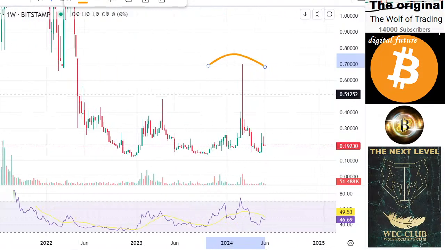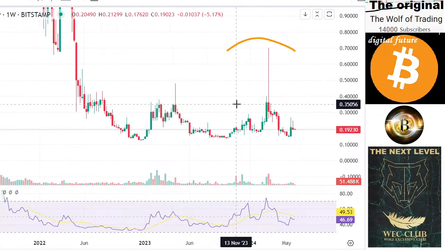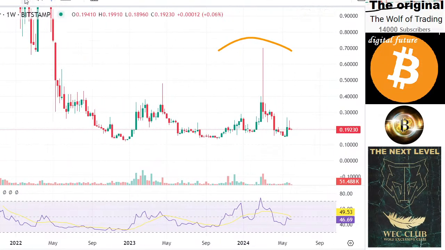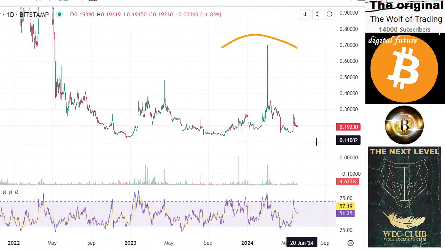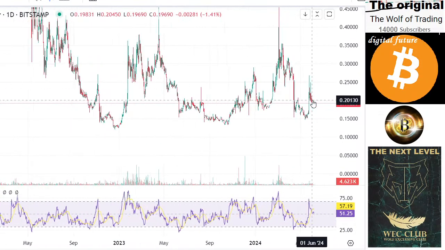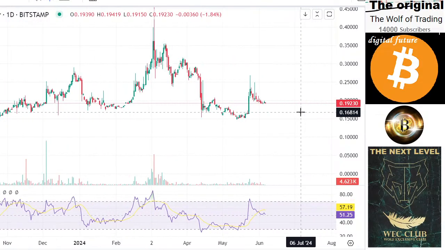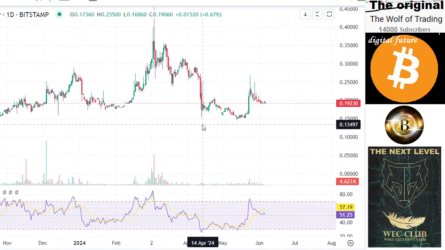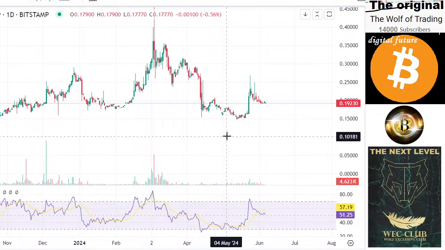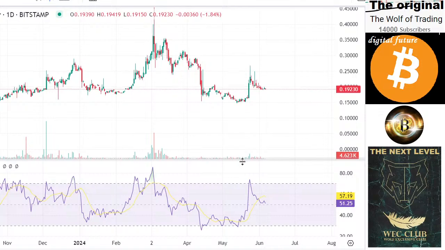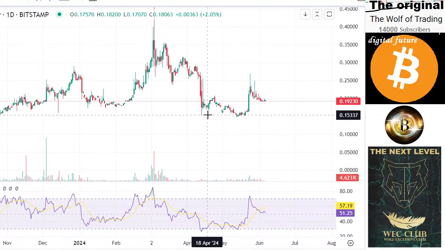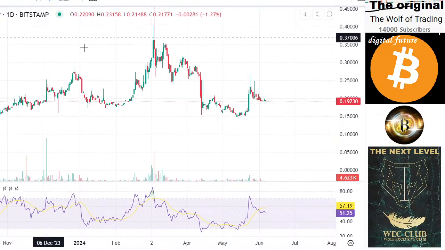Short term negative. But let's look here together to understand more. You can see this. Look here. You have a good formation here.